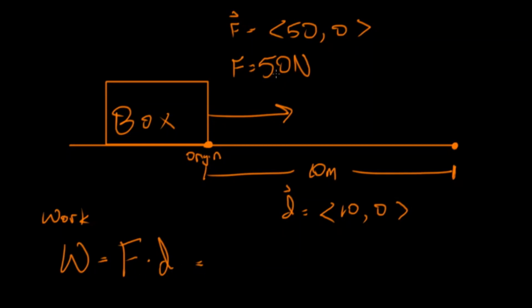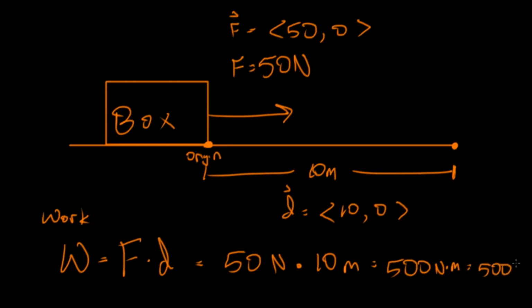So this force is entirely in the direction of the way we want to move this box. So the work being done here is 50 newtons times the displacement 10 meters, or 500 newton meters, or we have a name for newton meters, 500 joules.